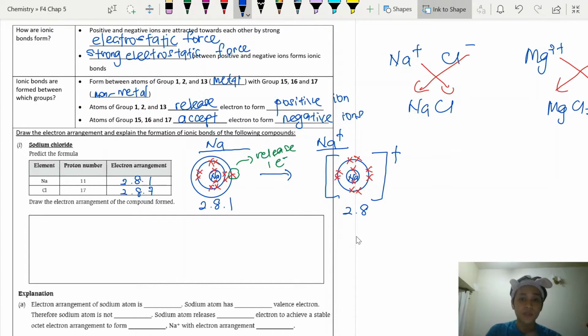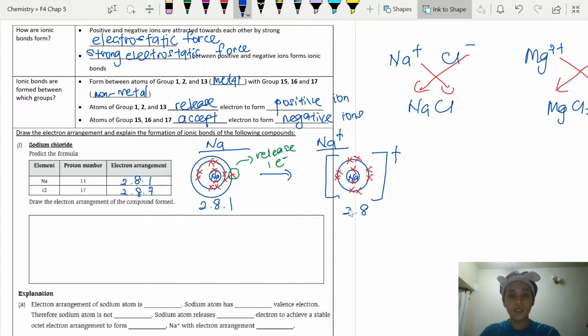This is very important. In the exam they may ask in the objective questions what is the electron arrangement for sodium ion. If I were to put it in a sentence, we say that sodium atom releases 1 electron to achieve stable octet electron arrangement, so they become sodium ion.